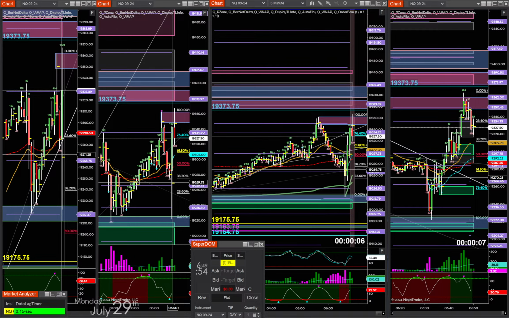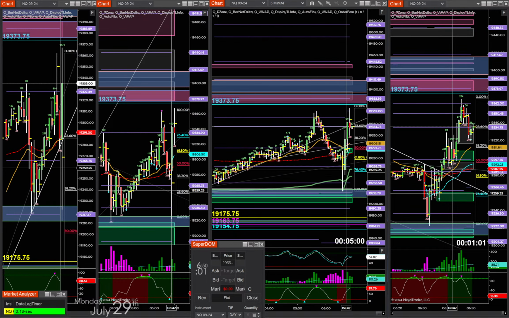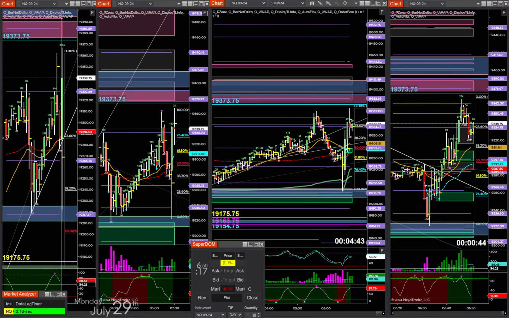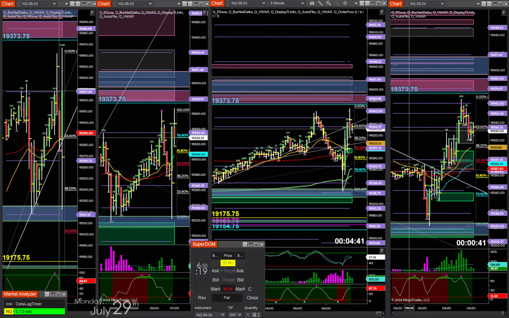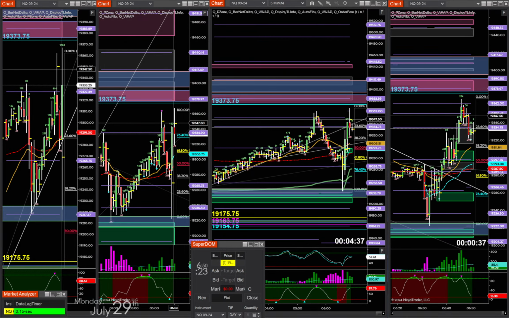So there's some support right here on the 1 minute. Okay, it's going to come up and test this 5 minute POC here. So I might take a short on that POC if it goes up there.